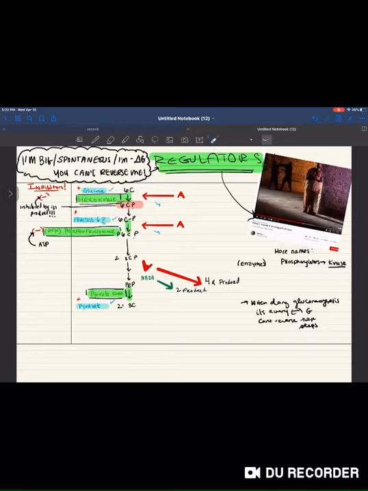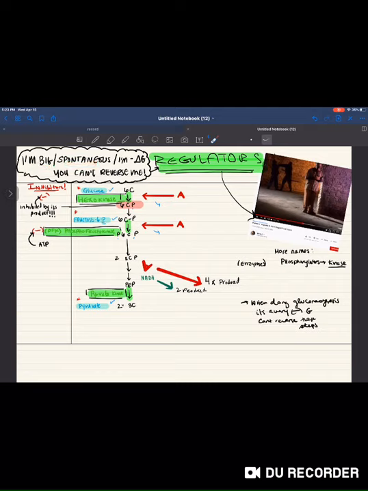With that in mind, we'll go on to the next important regulation step, which is right here. The name of this regulator is PFK, which stands for phosphofructokinase, and this is a double phosphorylated 6-carbon molecule, or fructose, and its regulator is PFK. Something important to know about PFK is that it too is not only a regulator, it is big, spontaneous, has a negative delta G, and you cannot reverse it.